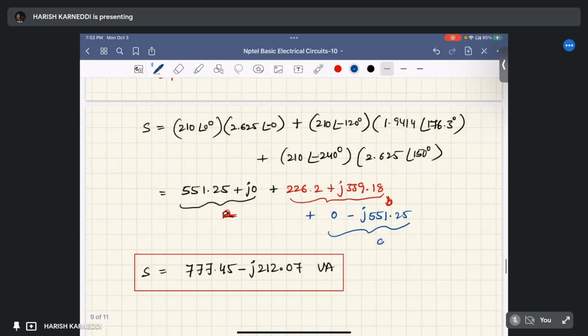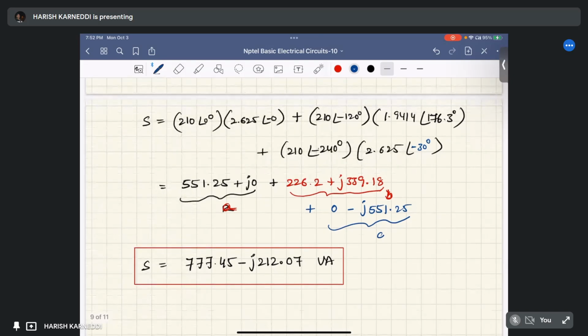So 210 at an angle of minus 240 into 2.625 at an angle of minus 30 degrees, here it will be plus.